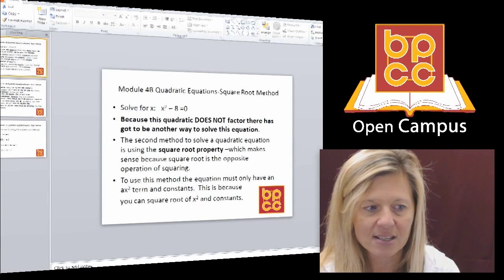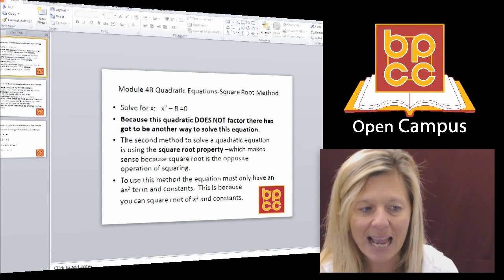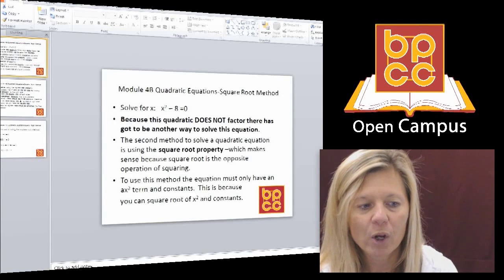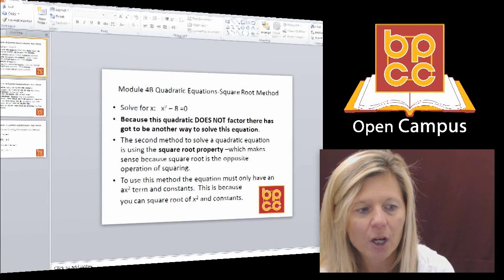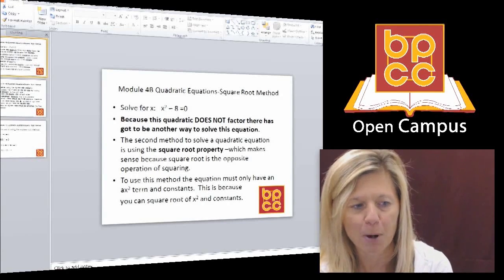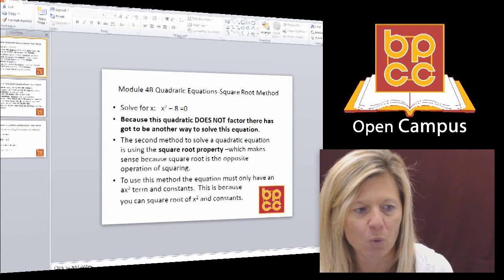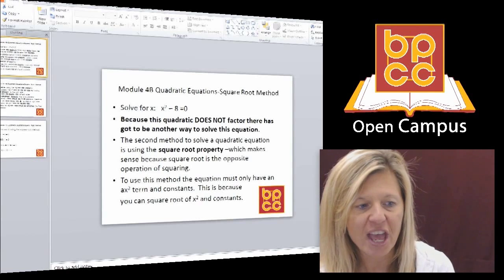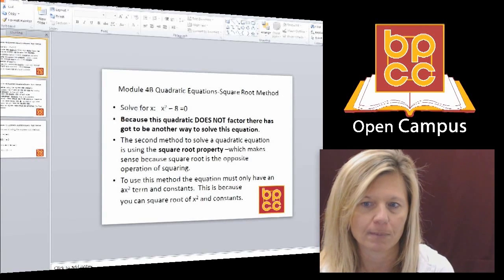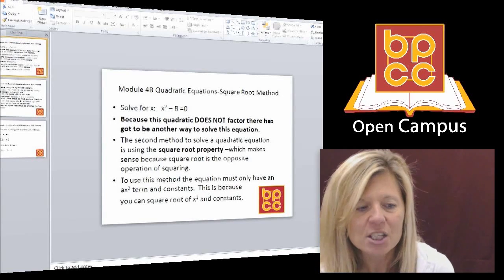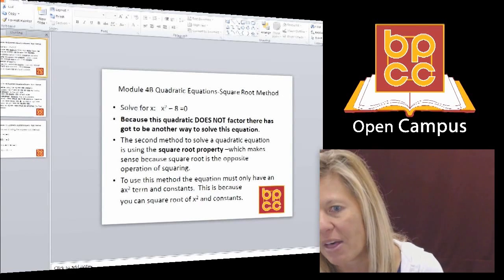Yes, it's x times x. Is 8 a perfect square? No, it is not. We all know 8 is 4 times 2, and that's not the same number. So because 8 is not a perfect square, you cannot use the difference of perfect squares rule to factor this. Therefore, we can't factor. So you're going to say, okay, we just can't solve the equation. Yes, we can. We just need another method.